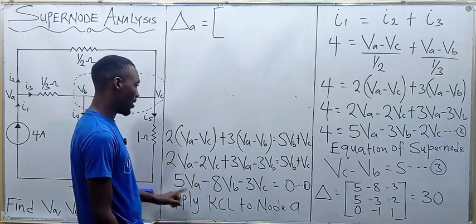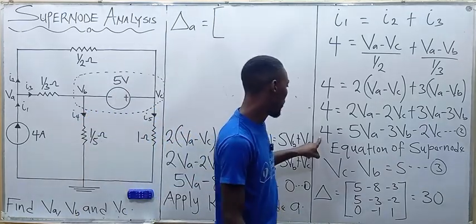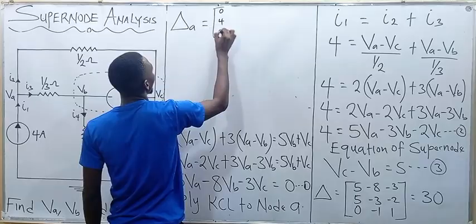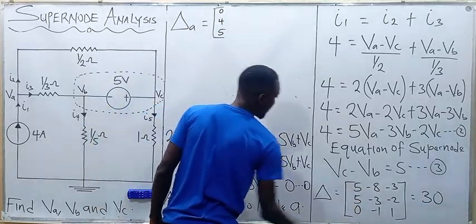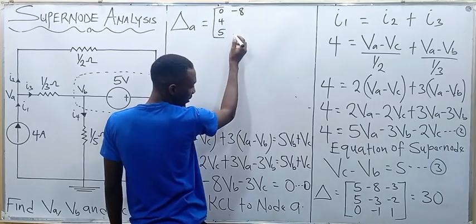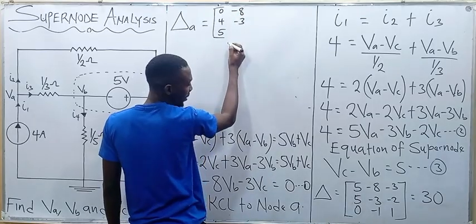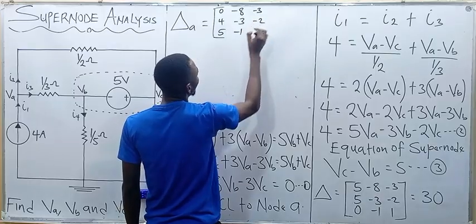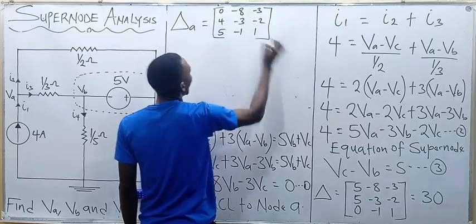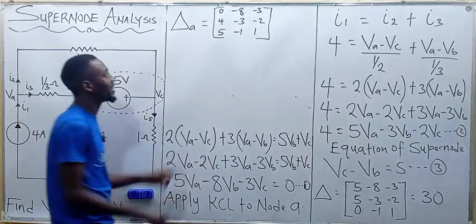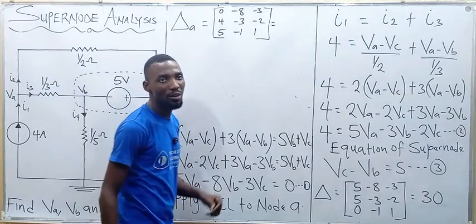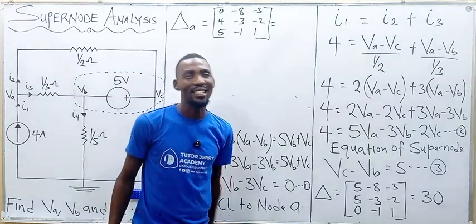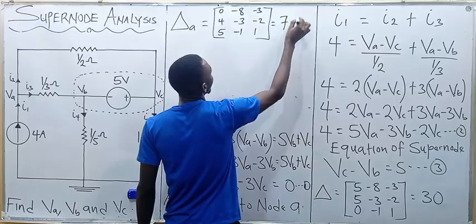Equation 1 is going to be 0, 4, and 5. So this and this will remain the same: -8, -3, and -1, then -3, -2, and 1. So by the time you find the determinant of this as well, you are going to have your change in A equal to 79.